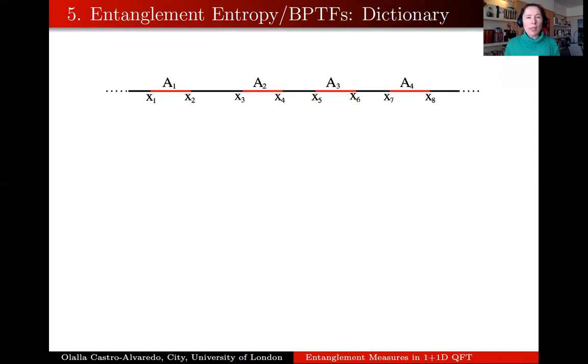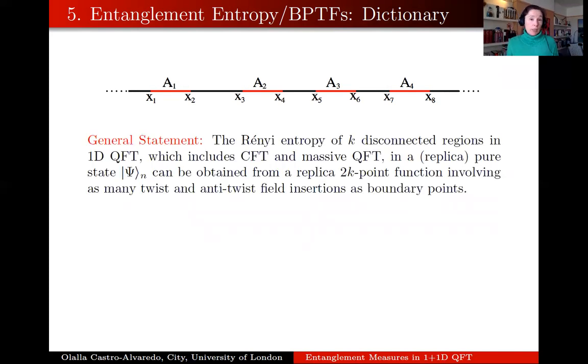You want to compute entanglement of the union of all these regions with respect to the rest of the system. The general statement is that the Renyi entropy of that system would be related to a 2k point function, which would contain k twist fields and k anti-twist fields, sitting at the beginning and at the end of each of these regions.